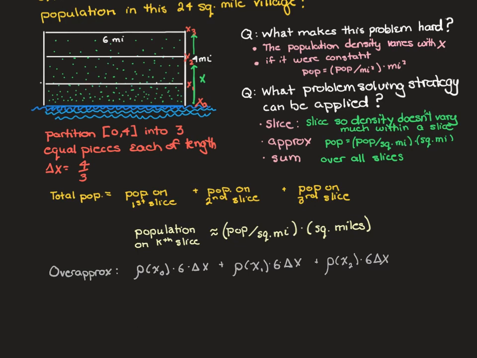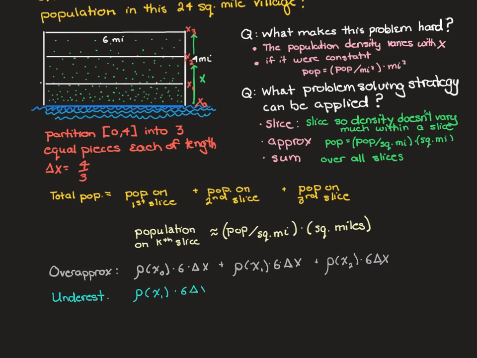Let's suppose, on the other hand, that I wanted an underestimate. Then on that first slice, I would approximate the density as rho of x sub 1 and multiply that by the area.